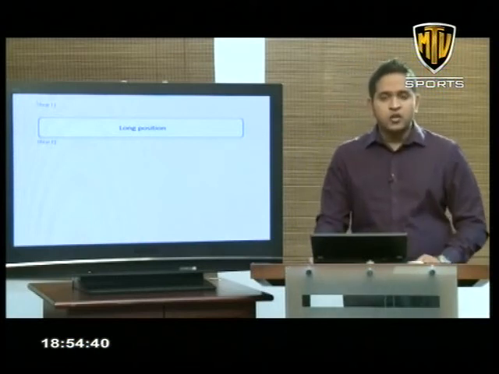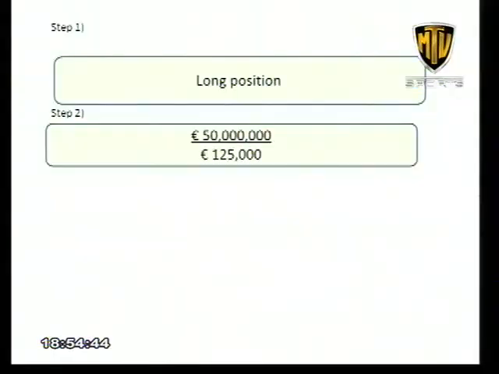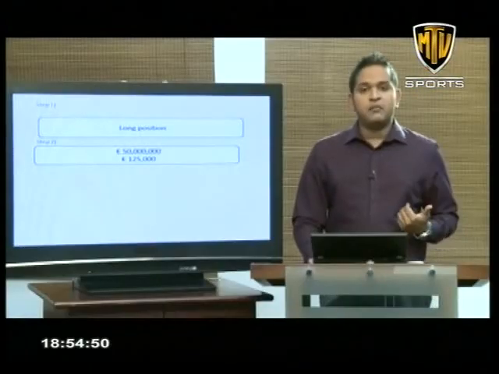Once you figure out the long or short position, next calculation is to find how many contracts you need. 50 million is your transaction, 125,000 is your contract size. So it's simple mathematics, you divide.